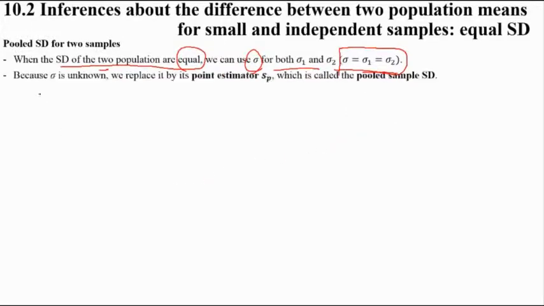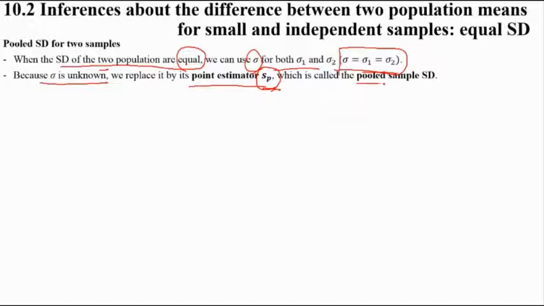There is a name for it, the pooled standard deviation for two samples, but before that I'm going to explain a little. As I mentioned before, the standard deviations of the two populations are equal, so mu and sigma may be the same. Sigma 1 and sigma 2 are equal, so let's just say sigma. Since sigma is unknown, we are going to use S subscript P, SP, as the point estimator.